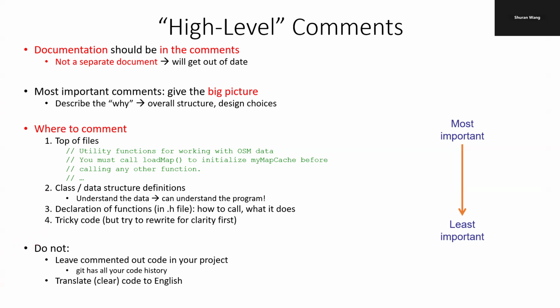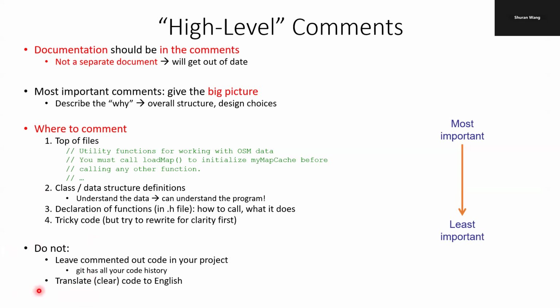Now, something you should not do: do not leave commented out code in your project. If you need a record of something, Git has everything. That is also why you should not try to hard reset your Git history, because you might erase something important.